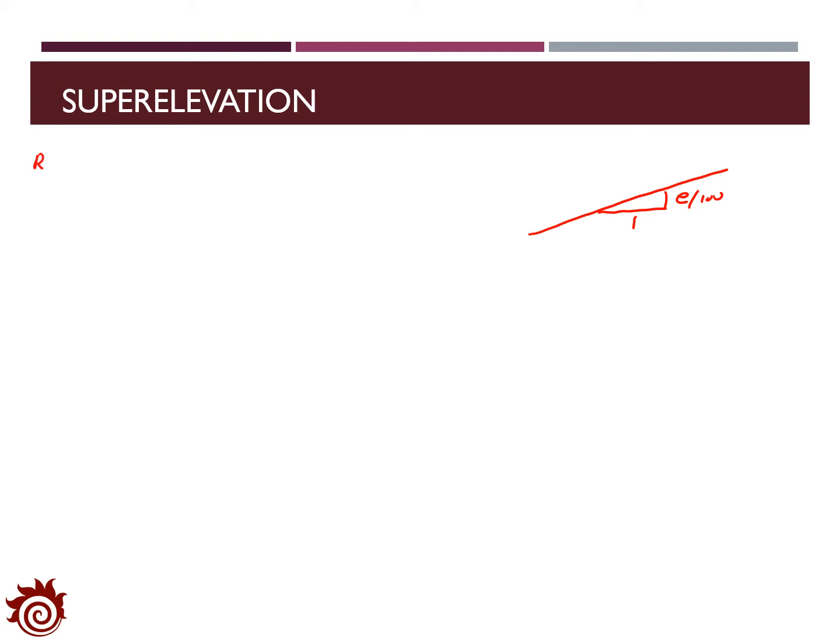For railway, we have E equal to 0.00067 times V squared times D. Here, V is the speed of the train, and D is the degree of curvature.